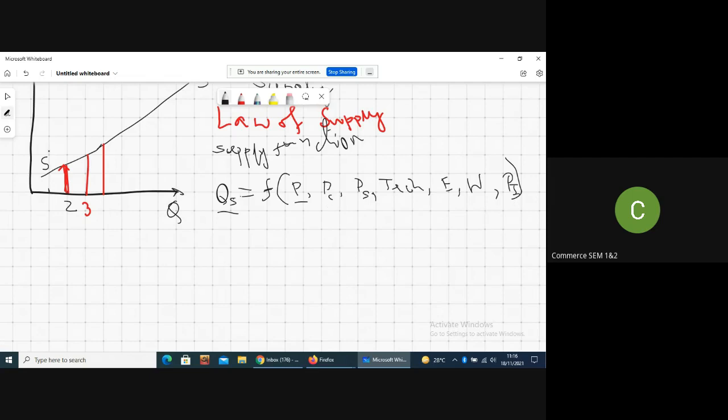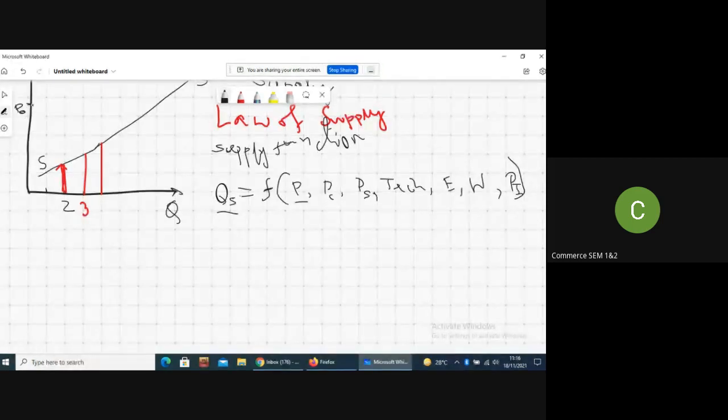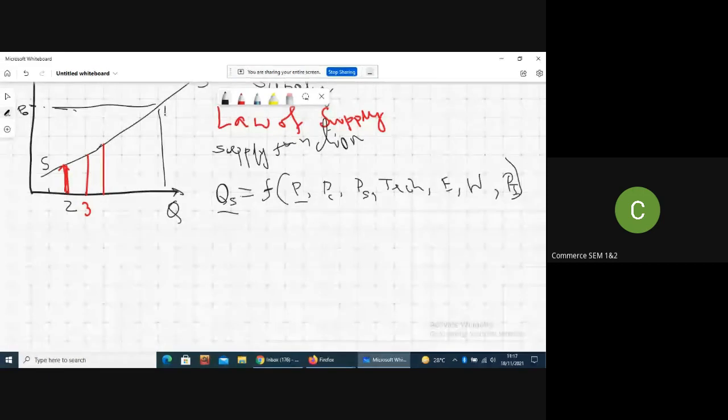So say the price is initially at P0, which may be 10 rupees or 5 rupees, whatever it may be. At P0 price, the amount of supply is this much. Say you are at point A, and at this point you are supplying say 10 units of the commodity.